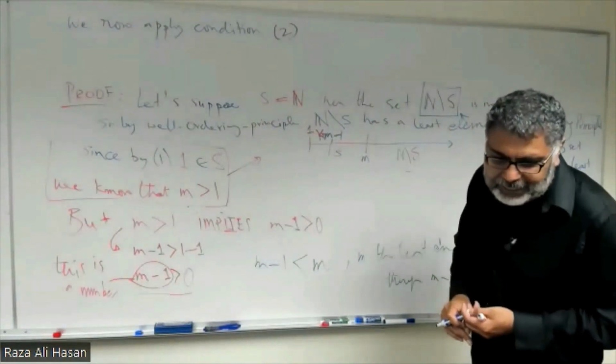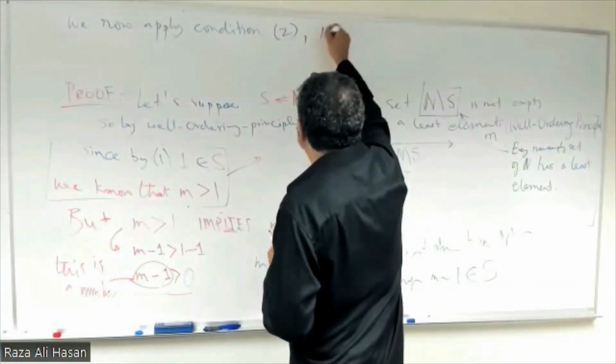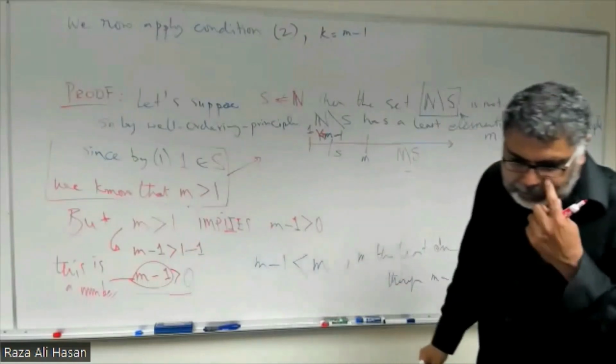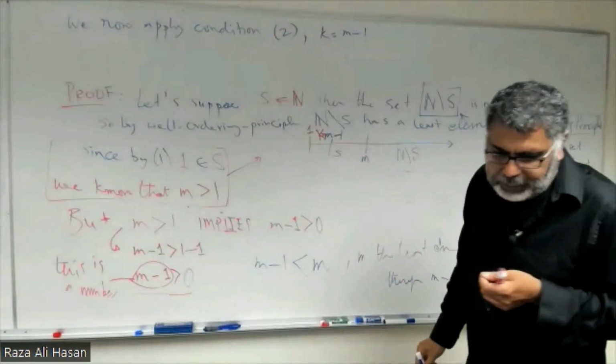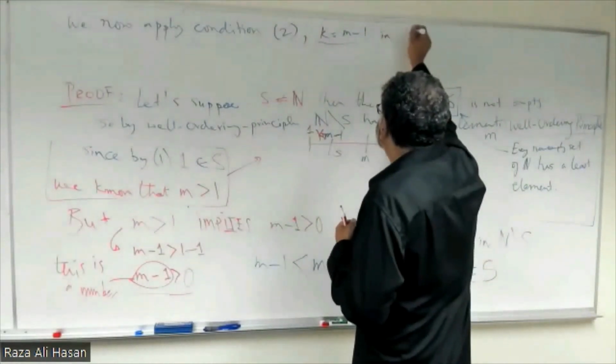Okay, and that is hypothesis 2, which means that k equals m minus 1. And now we can say, and it is in S, right?